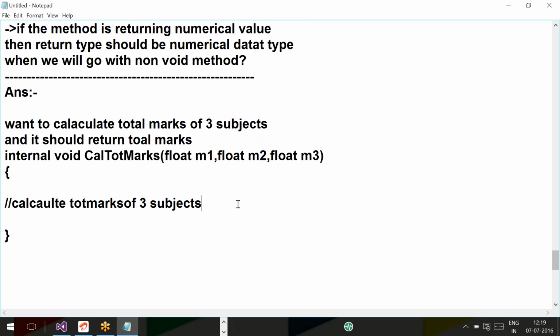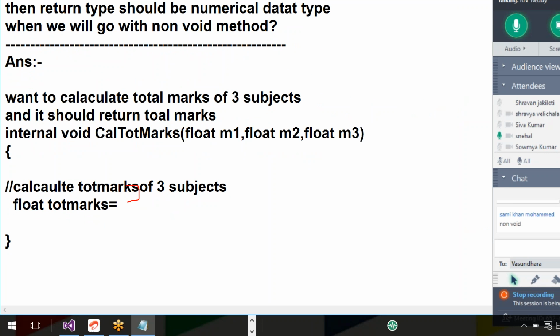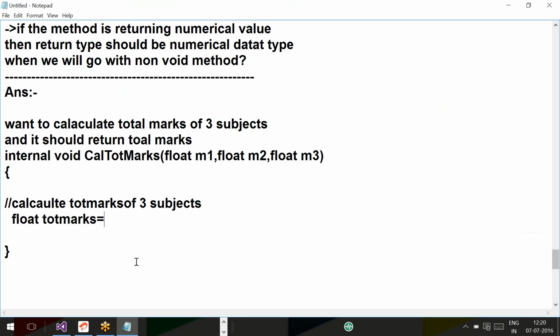The total marks have to be stored into one variable: float totMarks equal to this value. Finally, it should return totMarks.